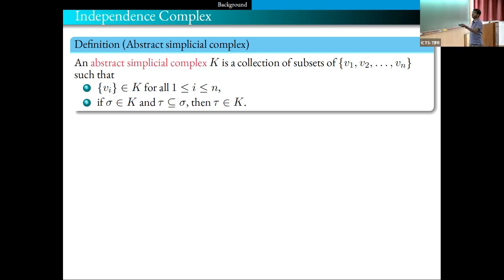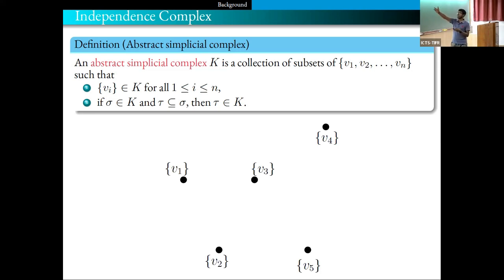For example, if you have 5 vertices and a simplex sigma is in K, then by the second condition, all its faces, tau 1, tau 2, tau 3, will also be in the complex K.